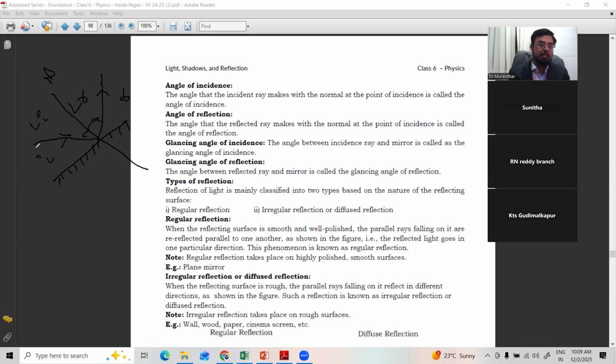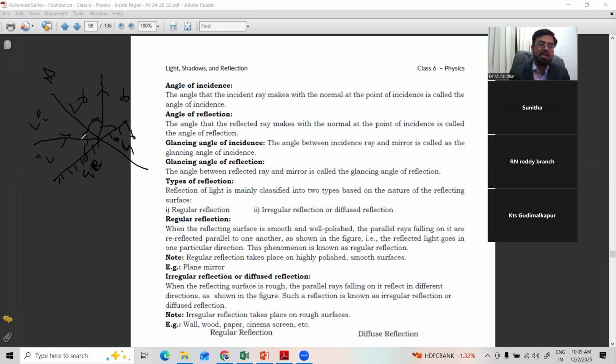And the angle made by the incident ray with the surface of the mirror, this part, is called glazing angle of incidence, and similarly glazing angle of reflection.